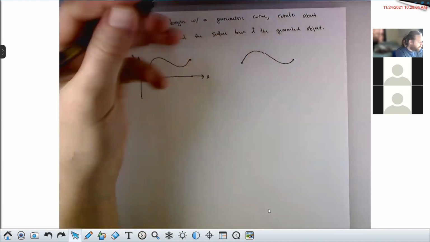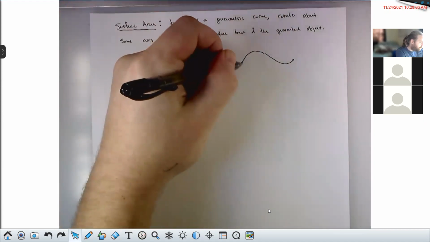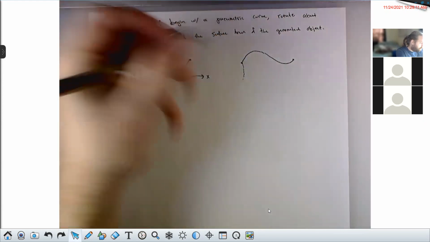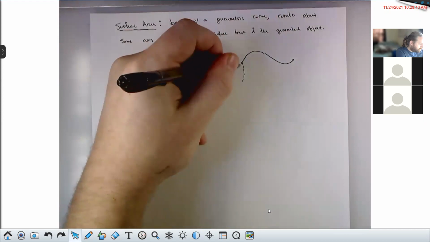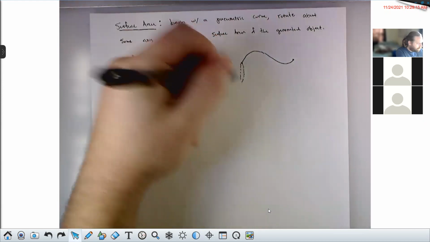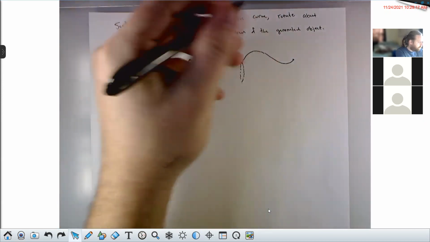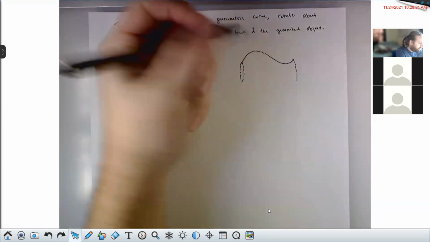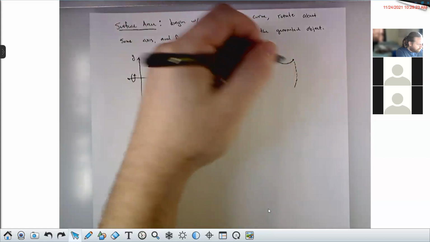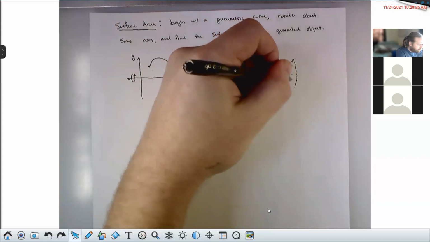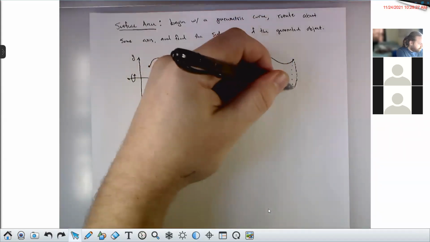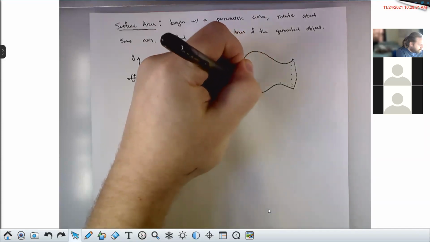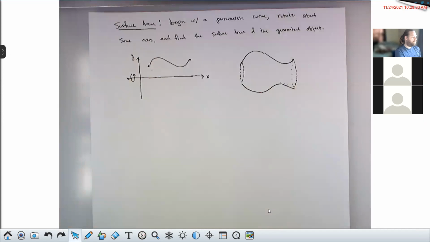This is a lot like the volumes stuff that we did at the beginning of the term. Here we would get some sort of a vase shape, like this.